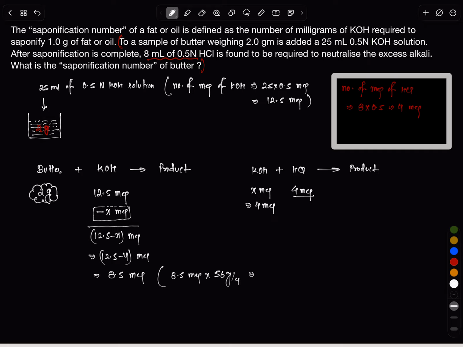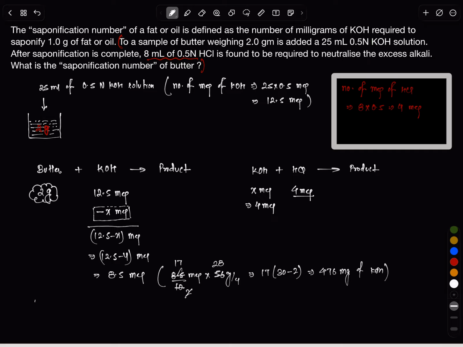So that will give you 8.5 into 56. Let's calculate it. It is 17 into 28, which will come in milligrams. Let's write it like this: 30 minus 2, so it will be 510 minus 34, that is 476 milligram of KOH.